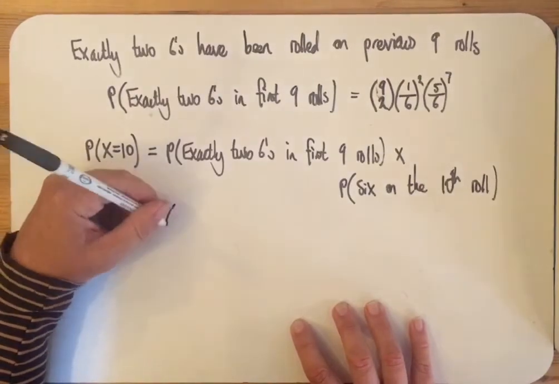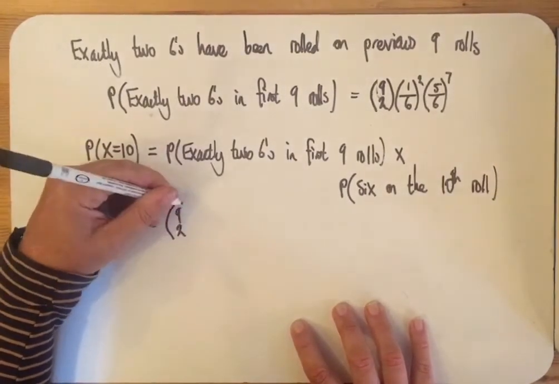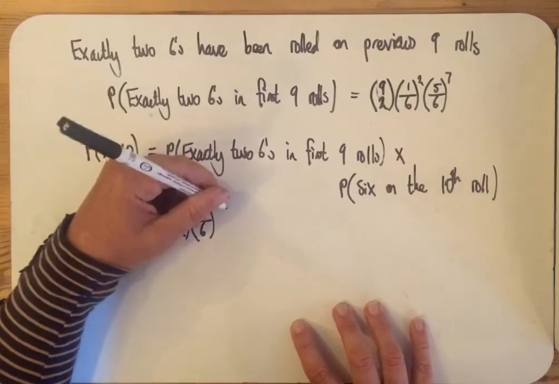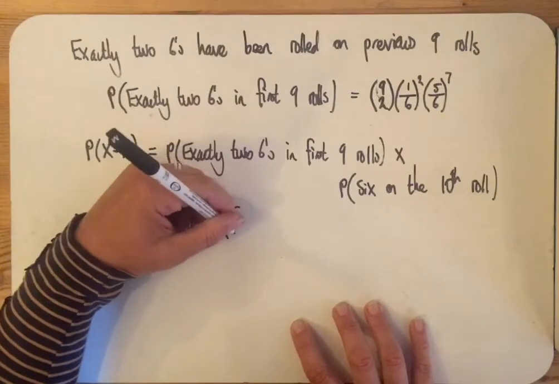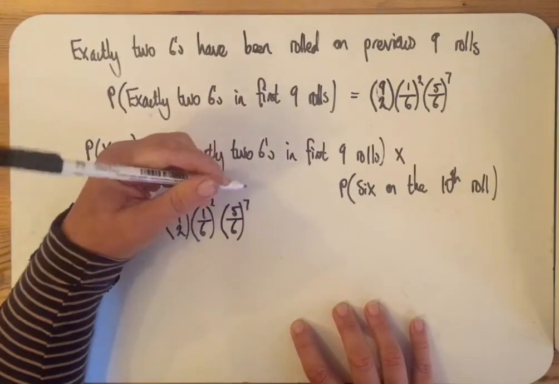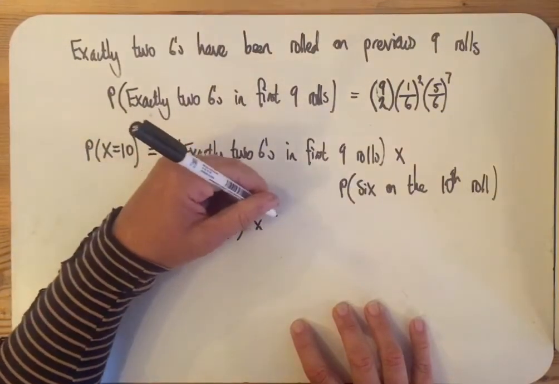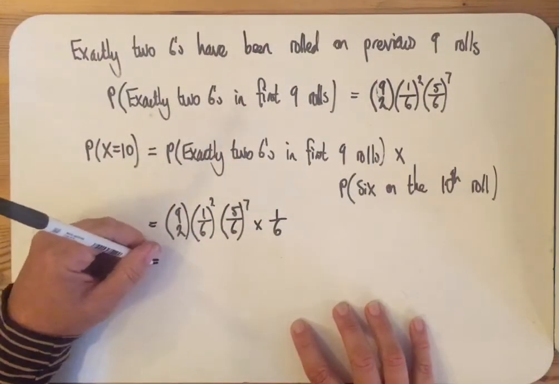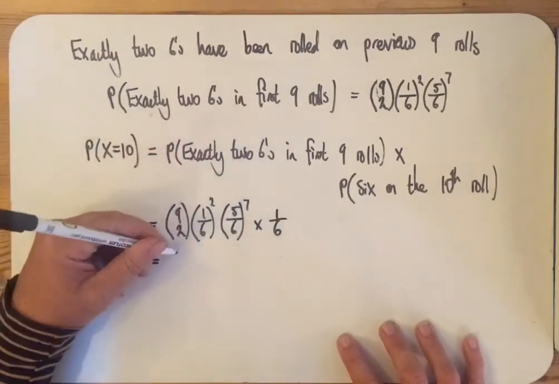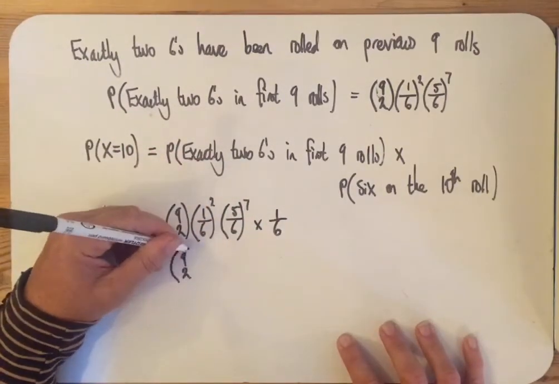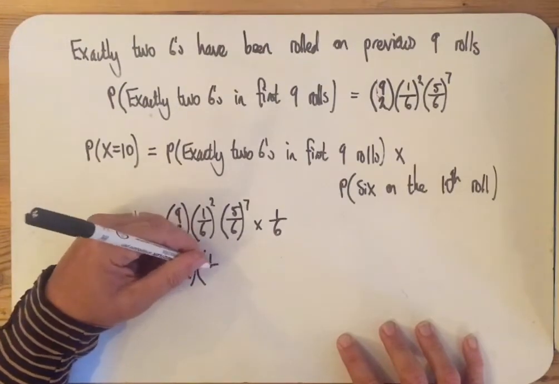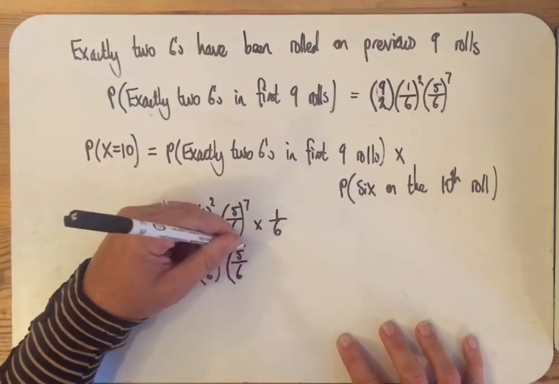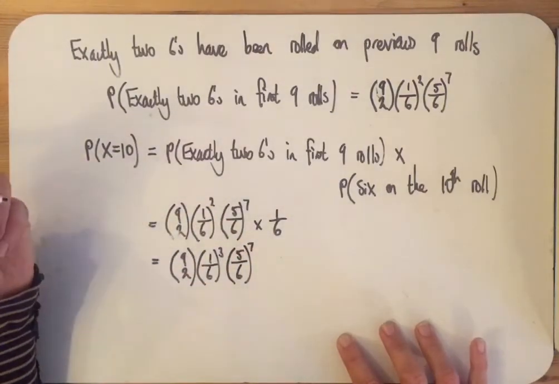So it is 9 choose 2, (1/6) squared, (5/6) to the power 7, and then I need to times that by 1/6. And so we now have 9 choose 2, (1/6) cubed, and then (5/6) to the power of 7.